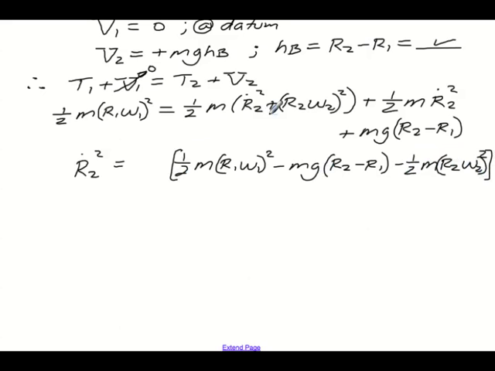I guess I have two terms. I should make that clear. I have an r2 dot squared here and r2 dot squared. They both have a 1/2 m in front. So in the end, that's going to be a 1 over m with a square root in front.